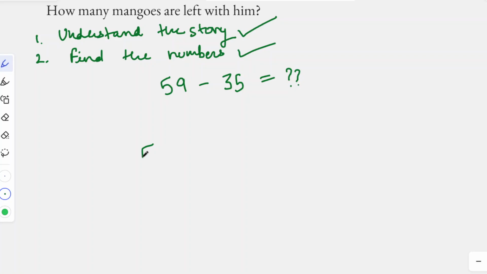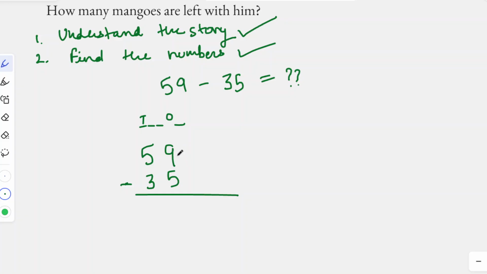Now we will write it in a vertical column representation, and we will be very careful that all digits are perfectly aligned, all right? Now these are ones digit and these are tens digit.